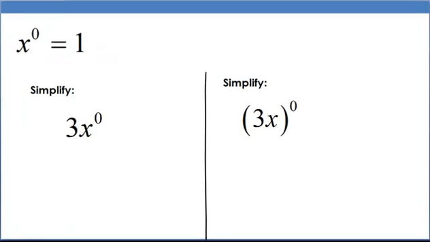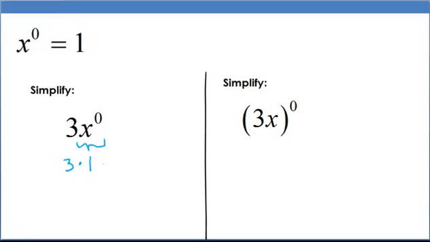We will use our definition to help us simplify these two problems. What you want to notice is, what is the 0 really with? In the first situation, the 0 only applies to the x. So this piece of it, the x to the 0, is 1, but you still have it multiplied by 3.